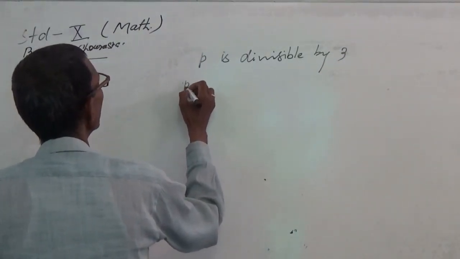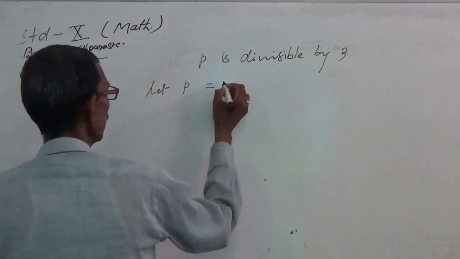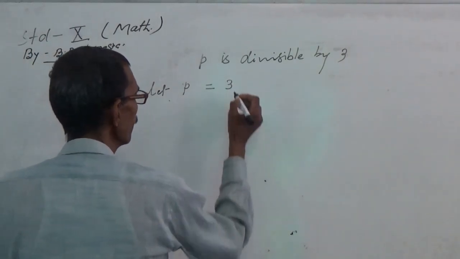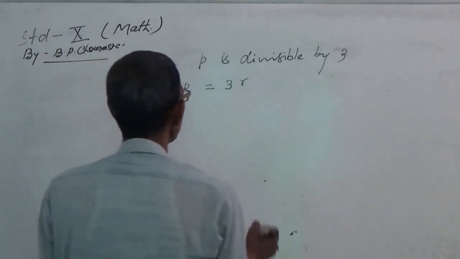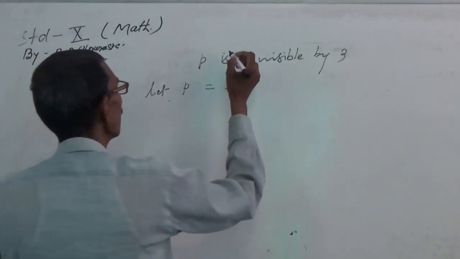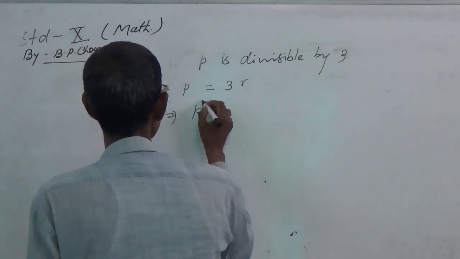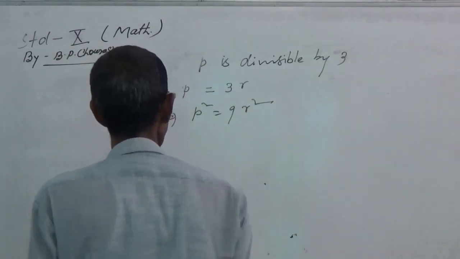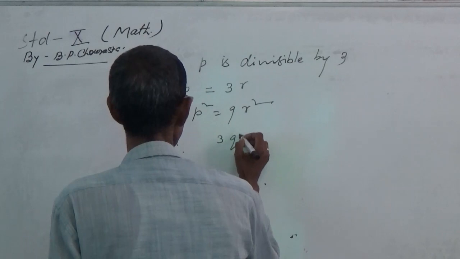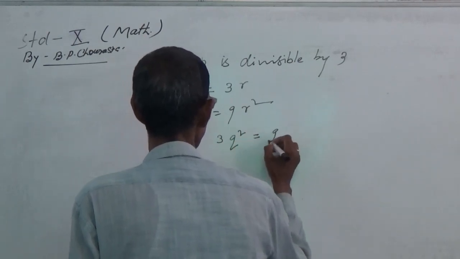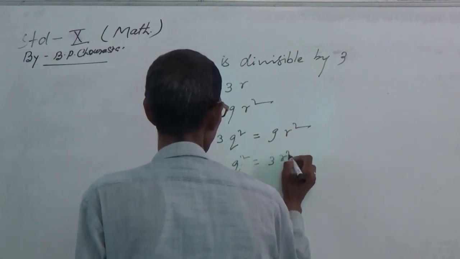Let p be equal to 3 into some integer, 3r, suppose. This implies p square is equal to 9 r square. Therefore 3q square is equal to 9 r square, which implies q square is equal to 3 r square.